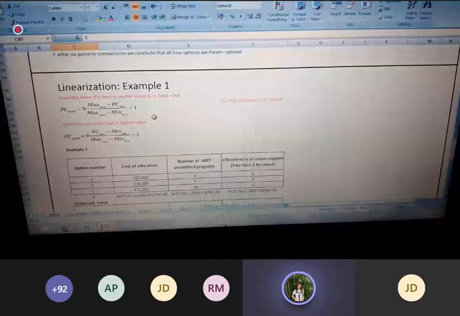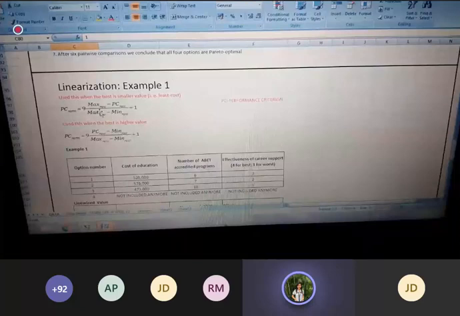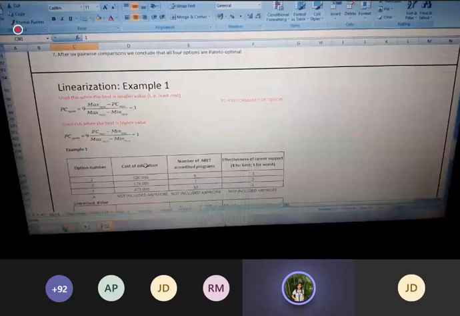If our first performance criterion, we normalize that, this would be the equation for when the best is a smaller value. Let's say, for instance, the cost of education: the smaller value is the best.